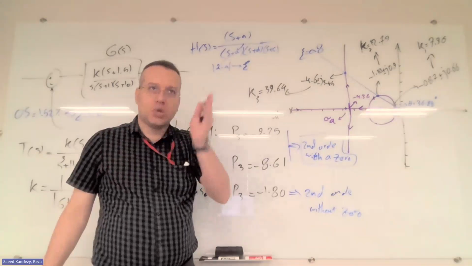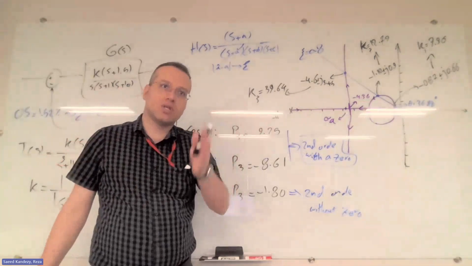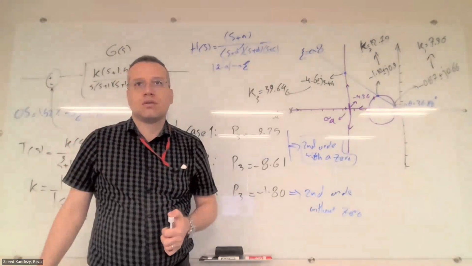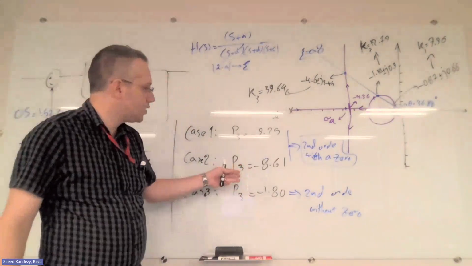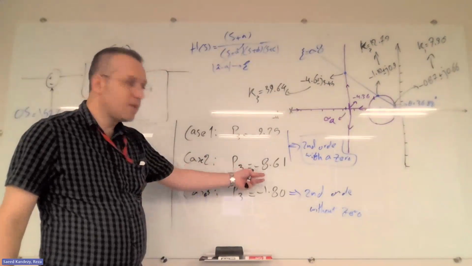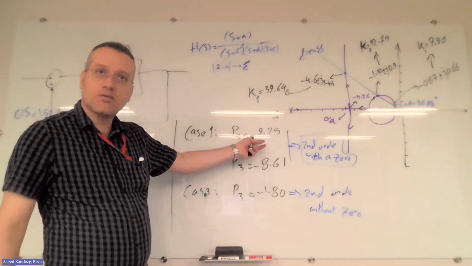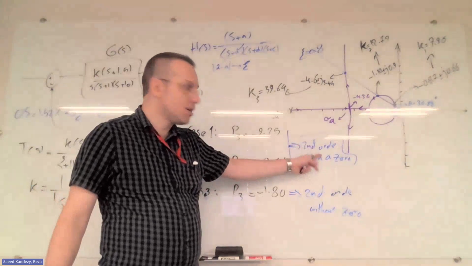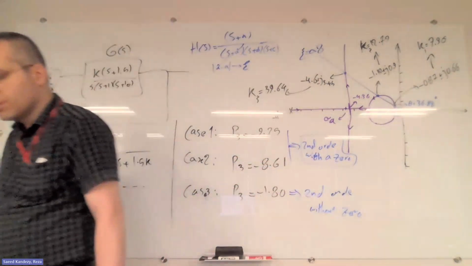So we don't have a pure second order system. We have a second order system with a zero. The next best choice was the P2, case two. Still not dominating, though not as good as the first one. So we would have a second order system, but we have a zero also.